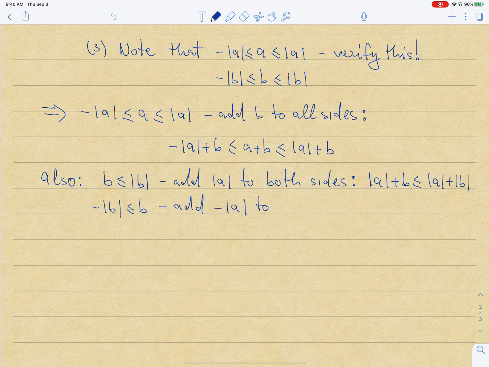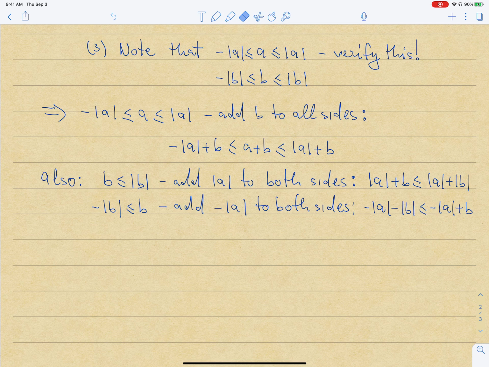And what this will give me is minus absolute value of A minus absolute value of B is less or equal than minus absolute value of A plus B. Right, so once again, I'm using the property O3 and commutativity of addition.